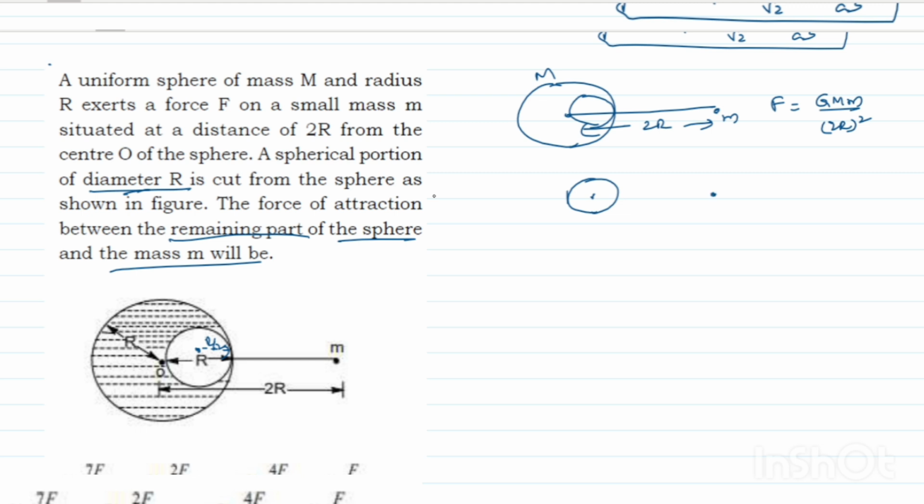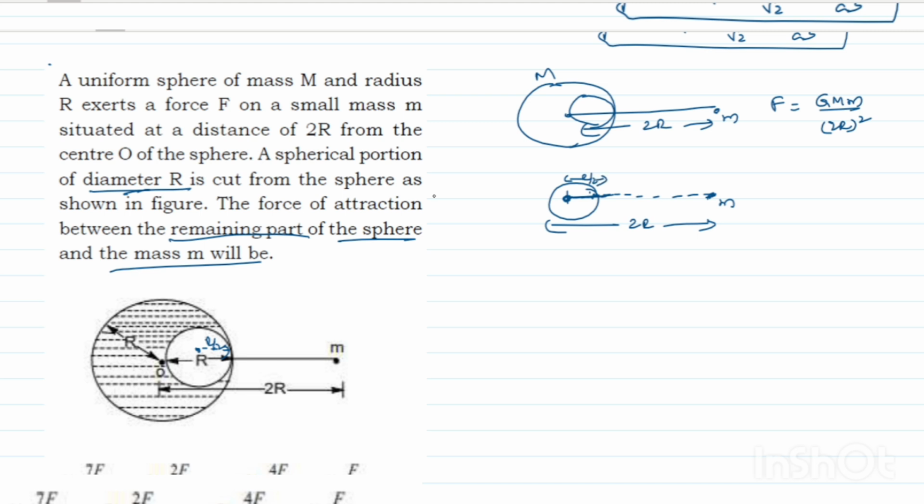Now the force of attraction is between this m mass and this removed mass. The distance of separation between these two: from here to here it will be 2R, and from its center to this point it is R by 2, the radius.